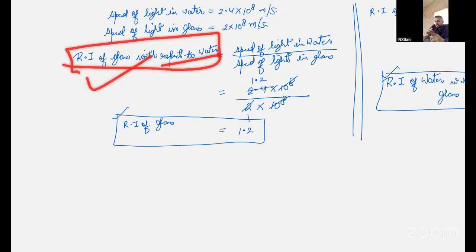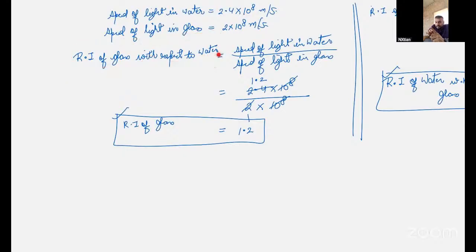I told you in my first day class that if they're asking for the refractive index of glass, it means that the light is right now coming into the glass from water. If I say refractive index of water with respect to glass, it means the light is in the glass coming from water.